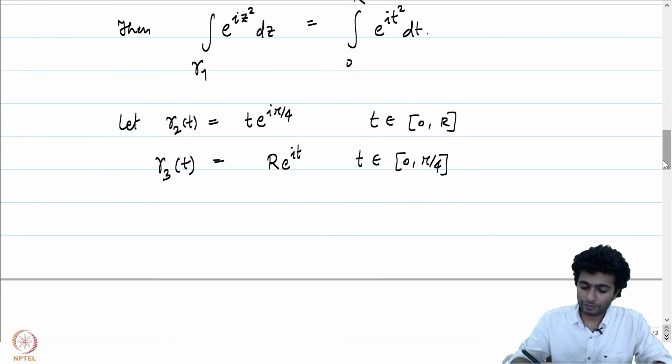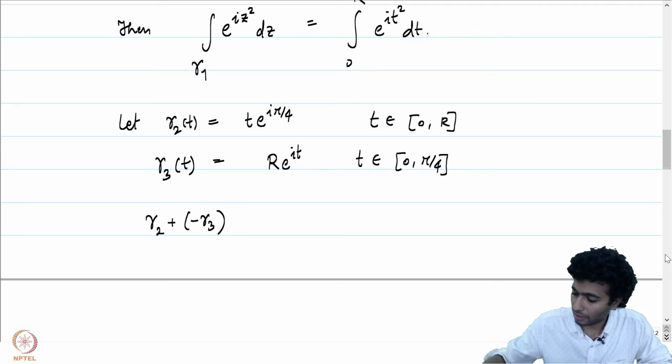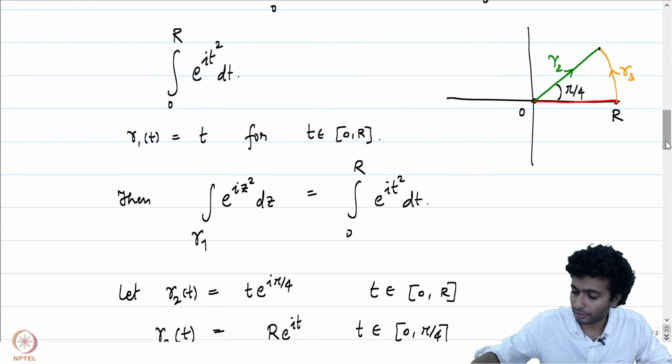To compute the integral over gamma 1, let's see, basically gamma 2 plus gamma 3 traversed in the other direction. Let's have a look at the image that we have drawn here.